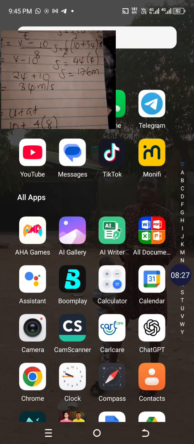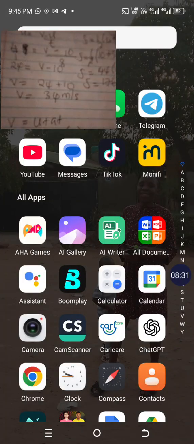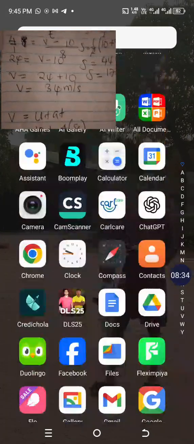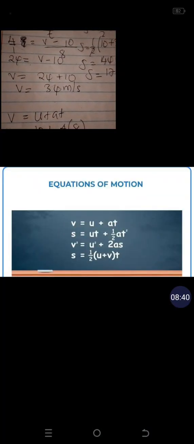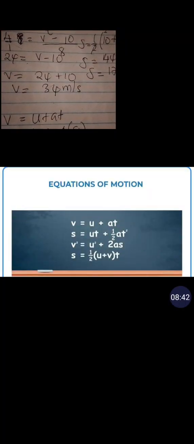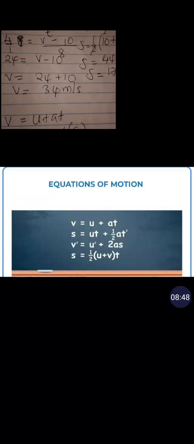Yeah, so that's our distance. And then this was our final velocity. Yes, so it's just a matter of playing around the formula. So v is for final velocity, u is initial, a is acceleration, t is time, s is distance.